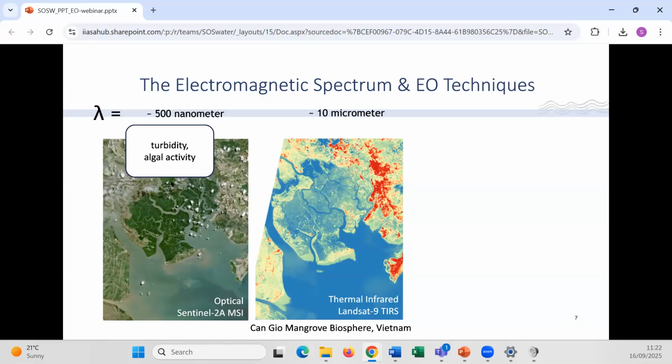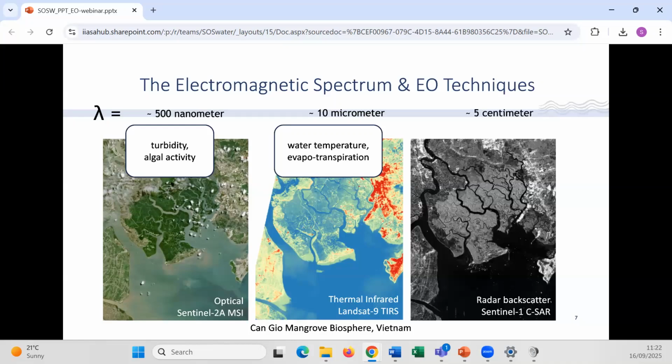And so this is quite easily interpretable as well. You can see red is basically a high heat signature and blue is a low heat signature. We can use this to directly measure, for example, water temperature. But it's also useful for a lot of other things. For example, we can measure land surface temperature that goes directly into evapotranspiration formulas.